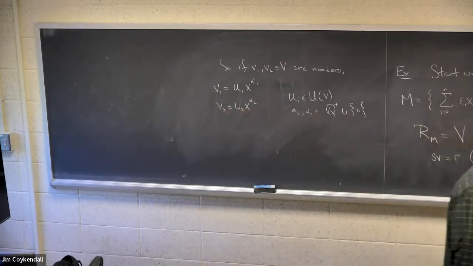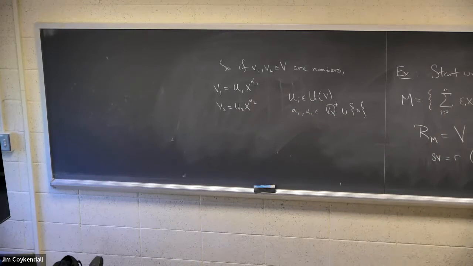And of course, whichever one has the smallest alpha divides the other. So this is a valuation domain.